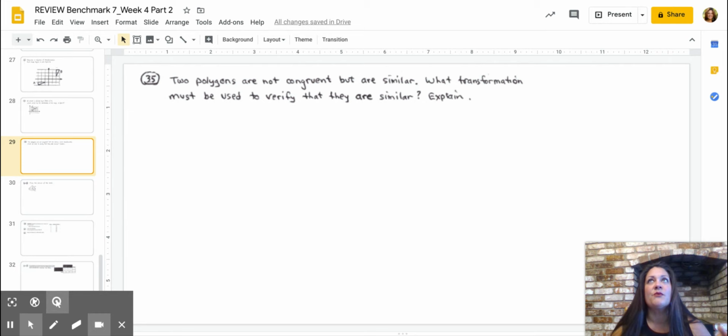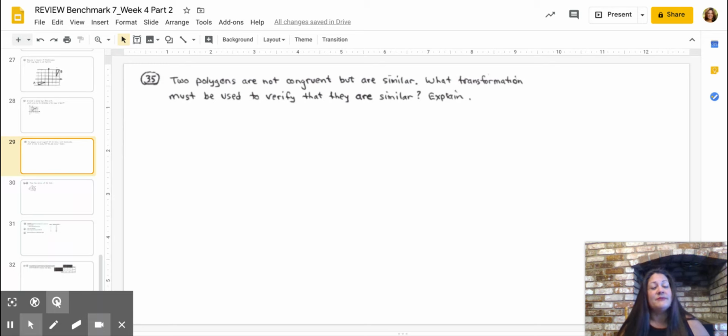So 2 problems ago, when we moved triangle A to become triangle B, we rotated it, we did a mirror image, and then we translated it. Okay, and those 2 triangles were congruent. So if you were to overlap them over each other, they would cover completely because they are the same.